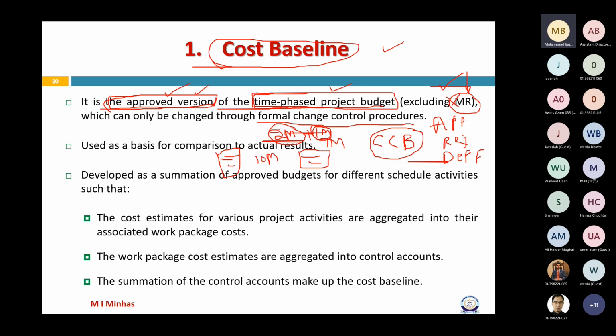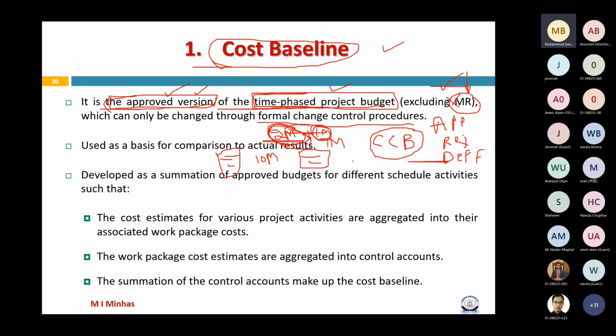Project manager does not have to do anything with this. It would be management's decision whether they are ready to give away some amount from their profit or not. Accordingly, they will decide whether we should continue the project or not. This decision would come from the management. Project manager would just tell the reason. For example, suddenly in the last 2 months, we have seen an exponential rise in prices.